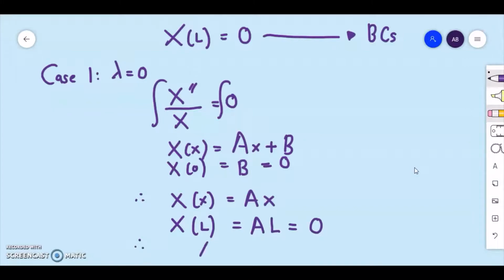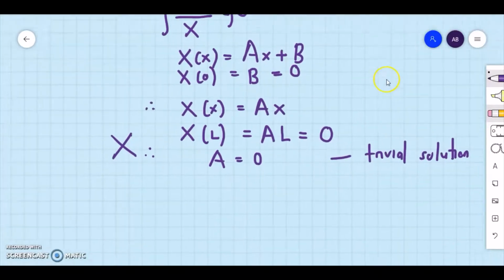Therefore, A equals 0. This gives me a trivial solution, so we cannot consider case 1 when lambda equals 0.